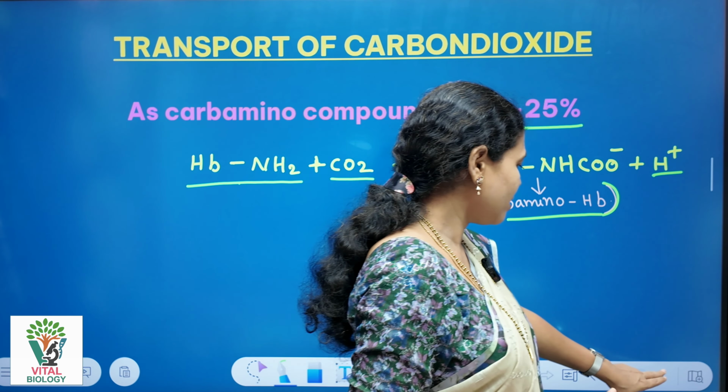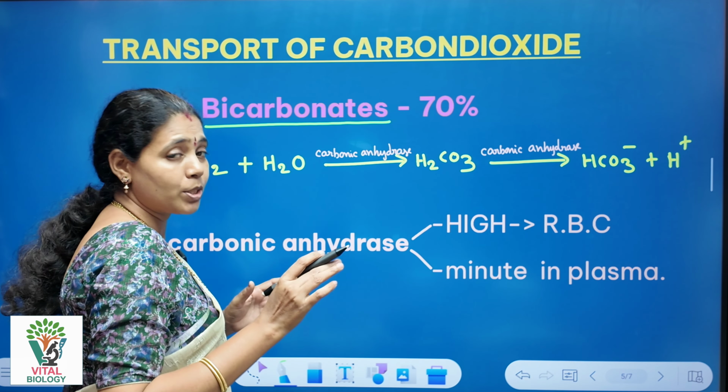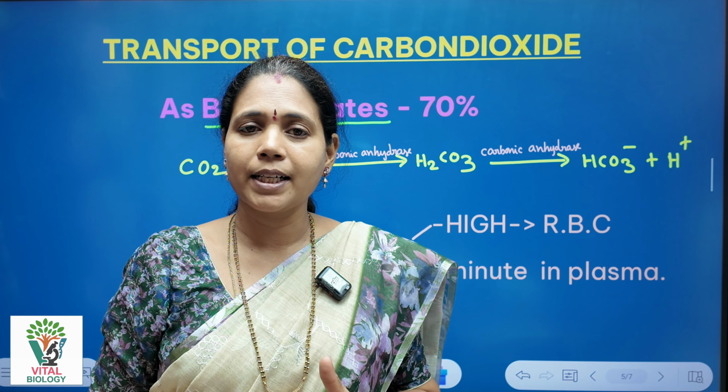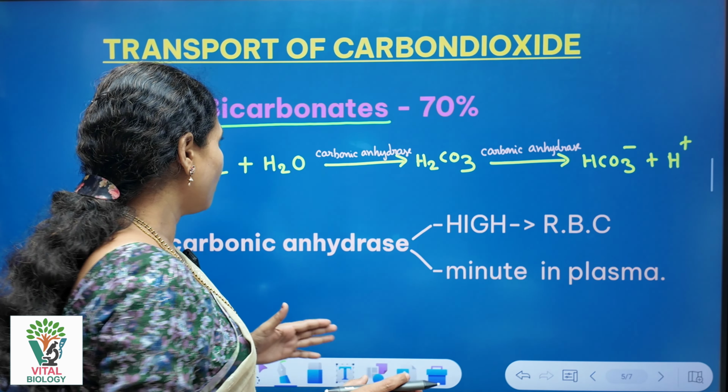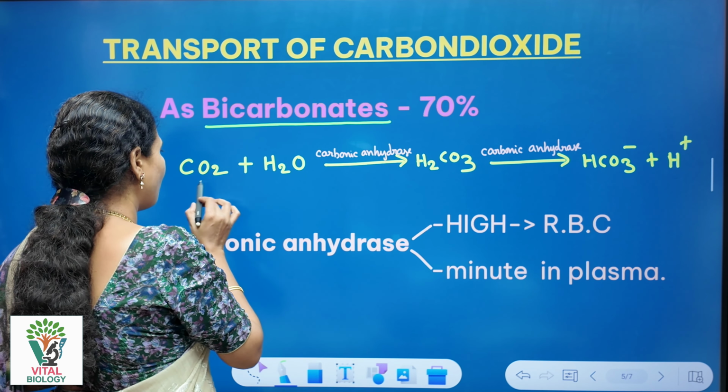The next one is in the form of bicarbonates. About 70%, that's what we said. The major portion of the carbon dioxide is transported in the form of bicarbonates. So what is that bicarbonate? How will it form? We will see.